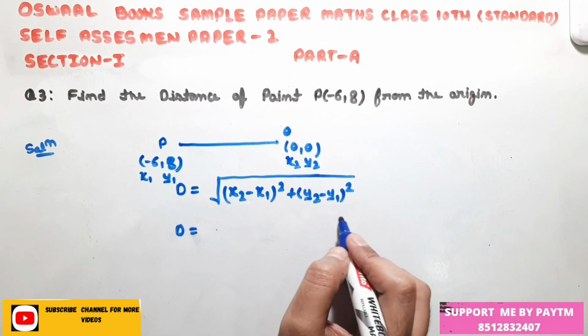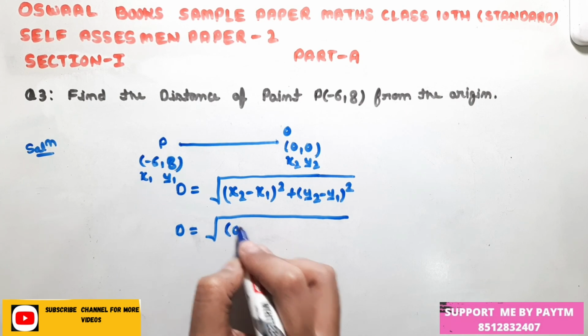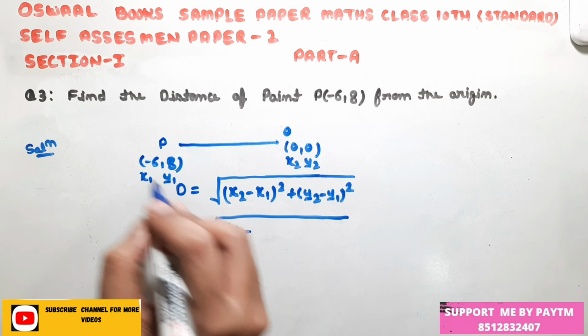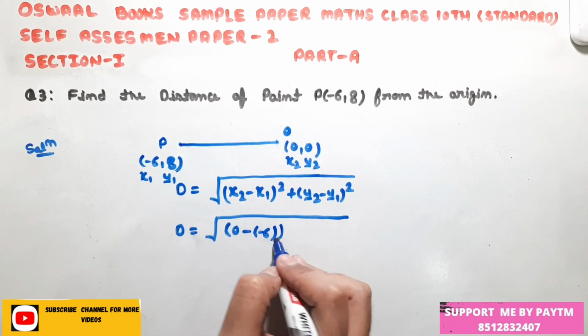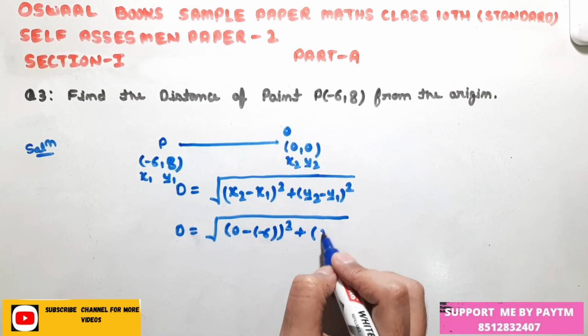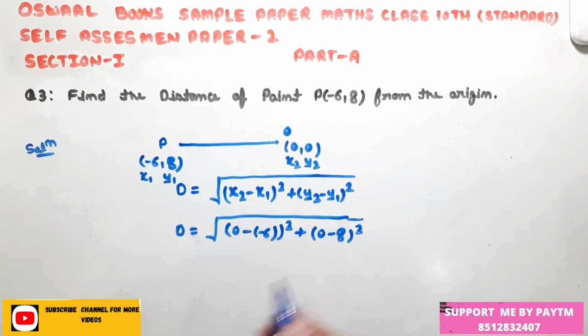Putting value here, 0 minus 6 whole square plus y2, 0 minus 8 whole square.